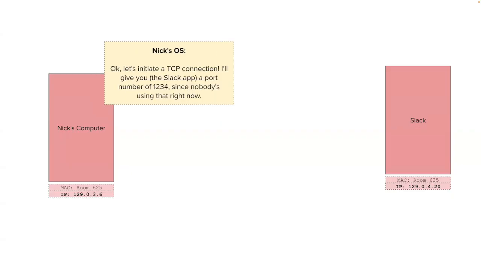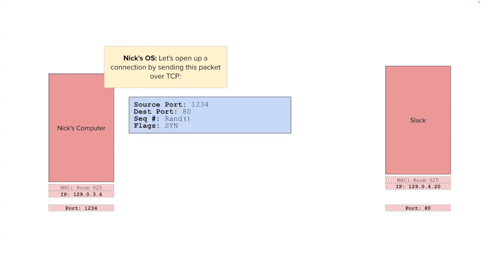The first thing the OS does is say, let's do a TCP connection. I'll give the Slack app a port number of 1234, let's say, for the local app. That's just a logical port we give to the Slack app. Then this is the configuration at the beginning: you have your source port, destination port, and your sequence number, which is random.